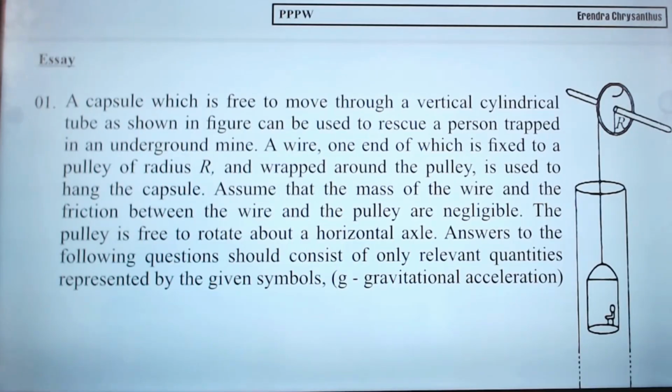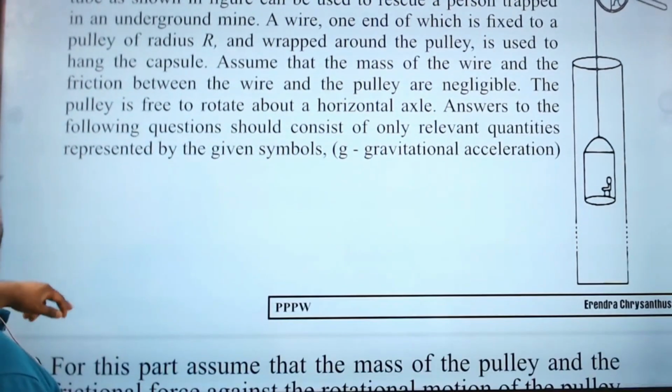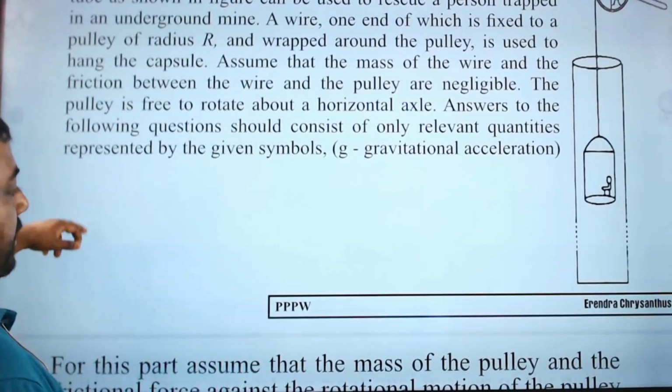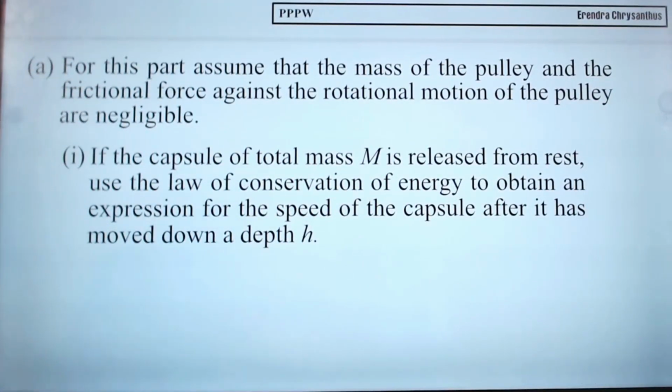The pulley is free to rotate about the horizontal axis. Answer the following questions using only the relevant quantities represented by the given symbols. For this part, assume that the mass of the pulley and the friction force against the rotation is negligible. If the capsule of total mass m is released from rest, using the law of conservation of energy, obtain an expression for the speed of the capsule after it moved down a distance h. Right.